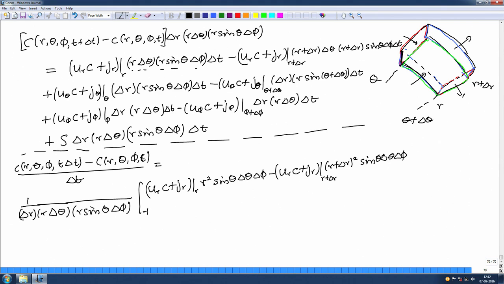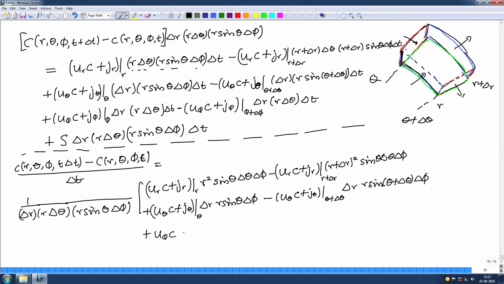Plus u theta c plus j theta at theta, times delta r into r sin theta delta phi, minus u theta c plus j theta at theta plus delta theta into delta r into r sin(theta plus delta theta) delta phi, plus u phi c plus j phi at phi, into delta r into r delta theta, and so on, just dividing throughout by volume and by time.